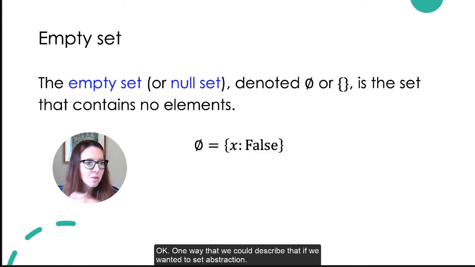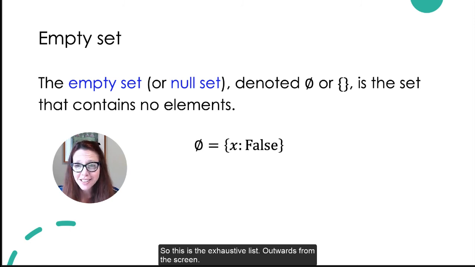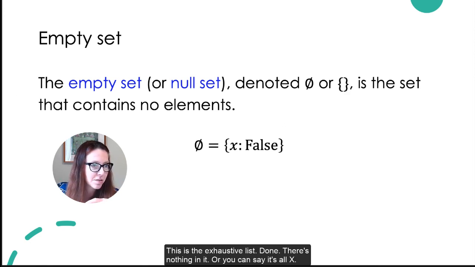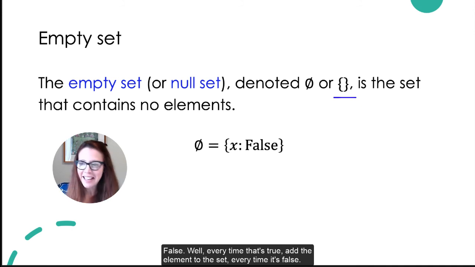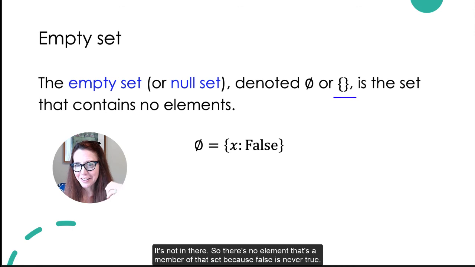One way that we could describe that, if we wanted to use set abstraction, so this is the exhaustive list, done. There's nothing in it. Or you can say it's all x, pick a universe, such that, and this is my predicate, false. Every time that's true, add the element to the set. Every time it's false, it's not in there.